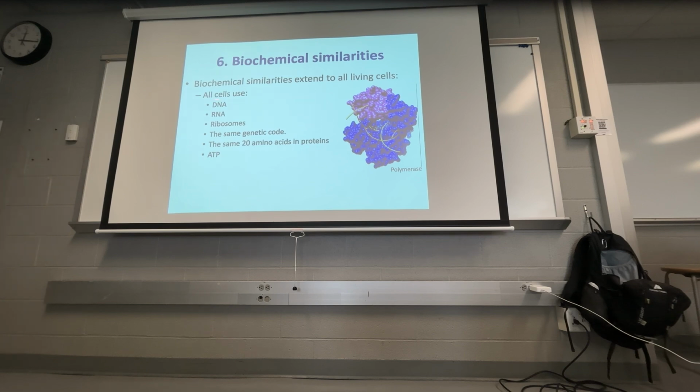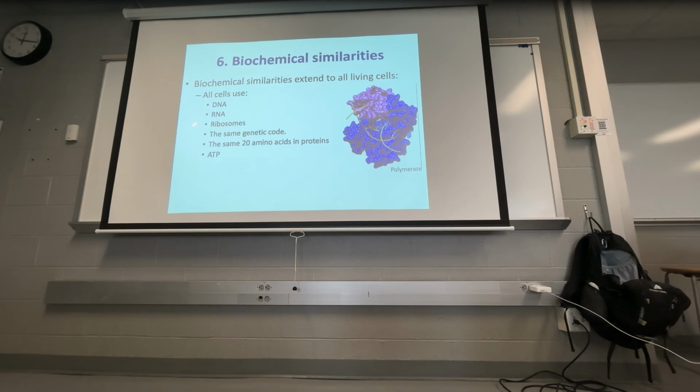We all use DNA, we all use RNA as our instructions for life. We use ribosomes to build proteins, right? Those proteins all are built off of instructions that use the same genetic code and the same alphabet, if you will, which are the 20 amino acids that make up polypeptides and proteins.